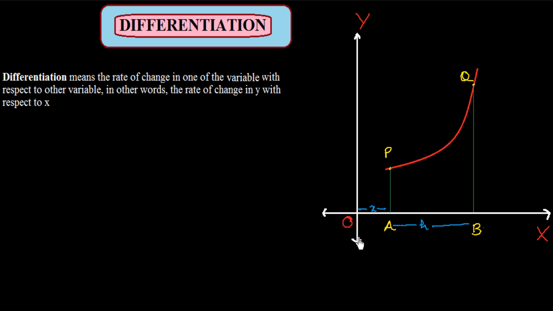So the distance from O to B is x plus h. Now we have to find the distance of PA with respect to x. So it is f of x, and QB would be, because the coordinate of this point is x plus h, f of x plus h.